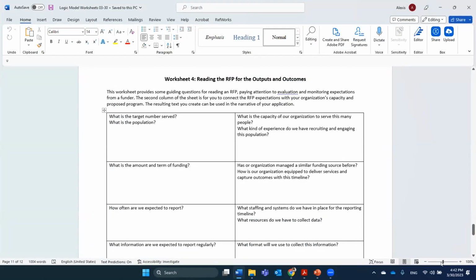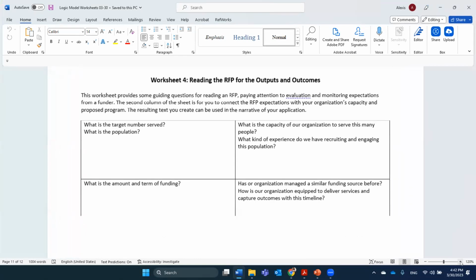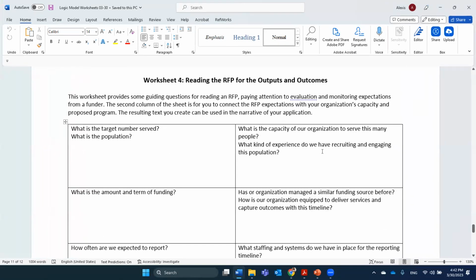So looking at the application, by knowing the target number served in the population, you can talk about the capacity of your organization to serve that many people. You can talk about your experience recruiting or serving the population that's outlined.